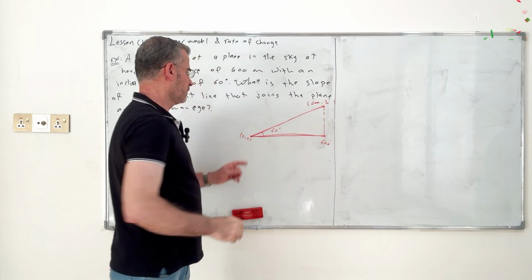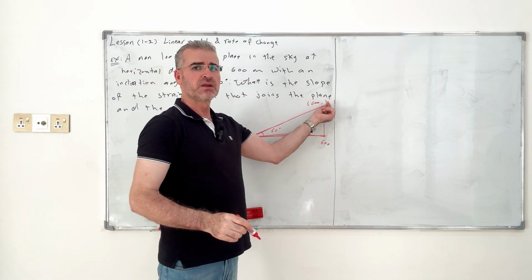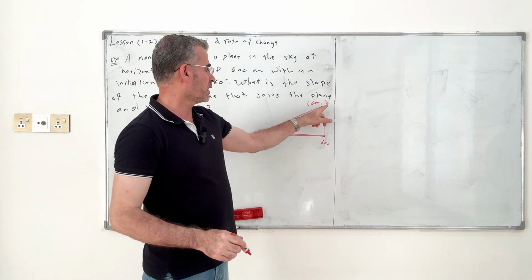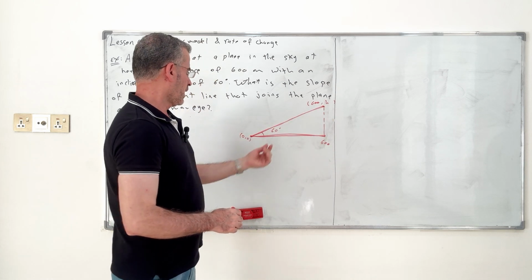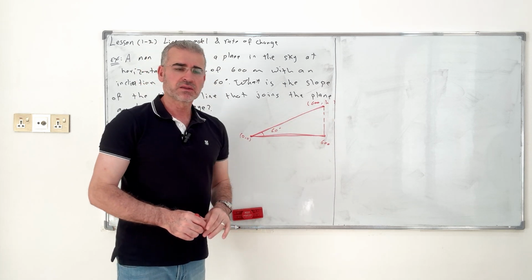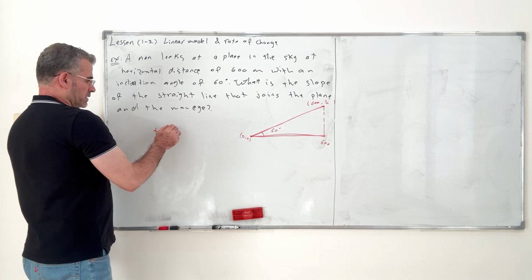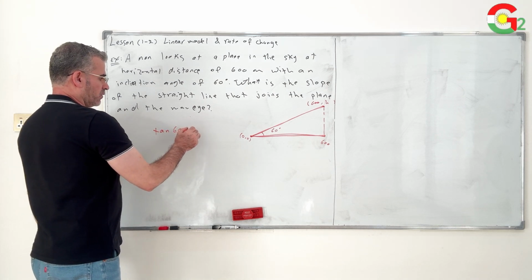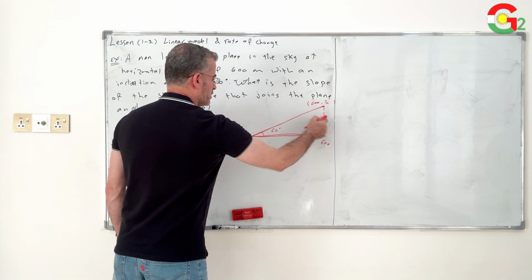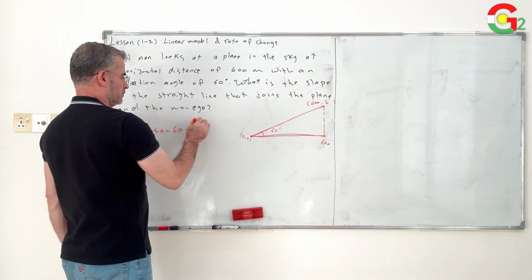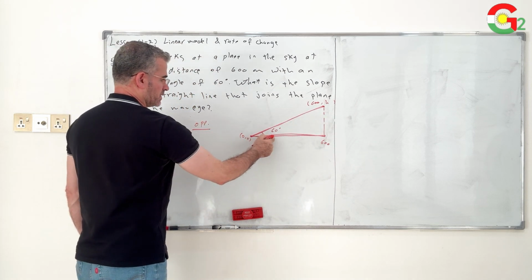To find the slope of this line, I need to find the y coordinate here, which I call h. I have the angle 60 degree, then I can use the tan law. Tan 60 equals opposite over adjacent.